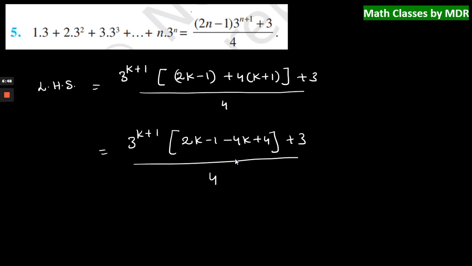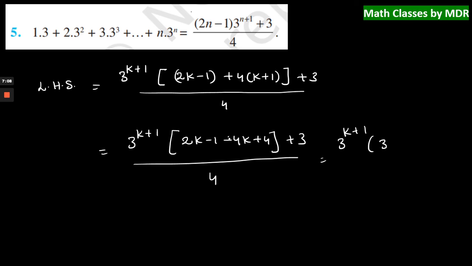So 2k minus 4k is minus 2k, 4 minus 1 is 3, so it will be equal to 3^(k+1) into (3 minus 2k. Sorry, this is plus 4k, right?